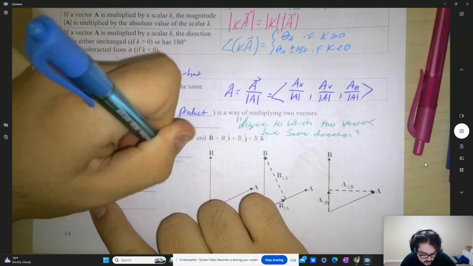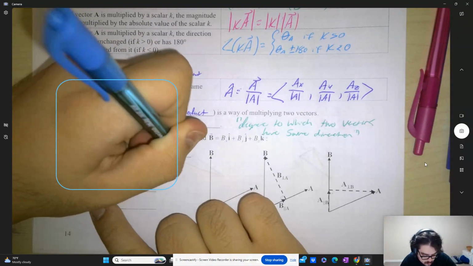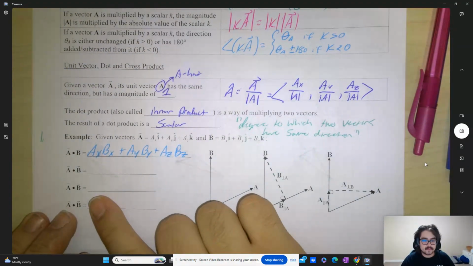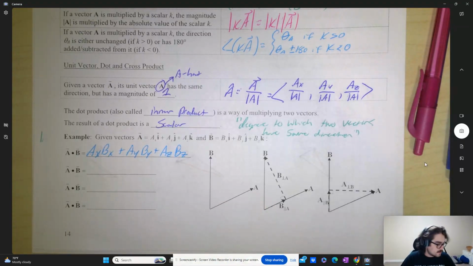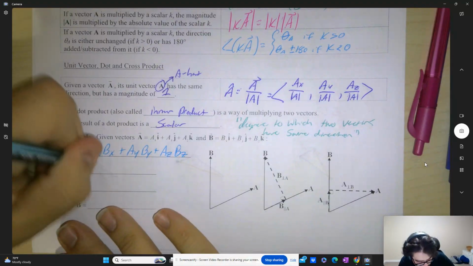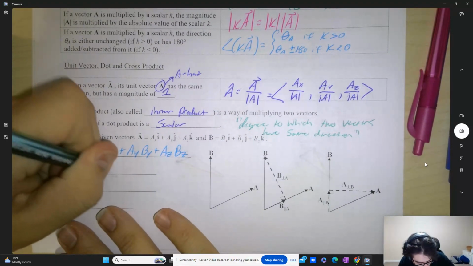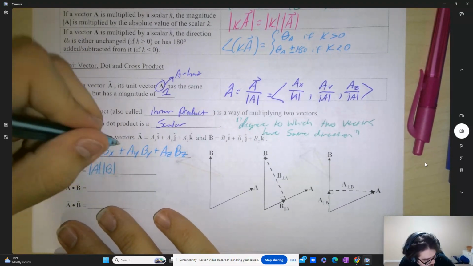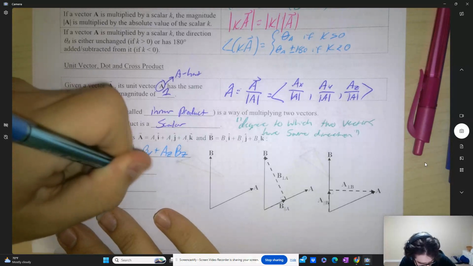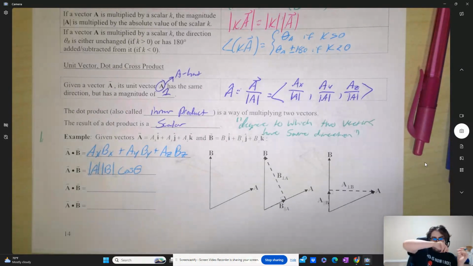You're going to add them together too. That's one way to do it. Another, more popular way to do it is you take the magnitude of the individual vectors and then multiply it by cosine theta, with theta being the angle between the two vectors.